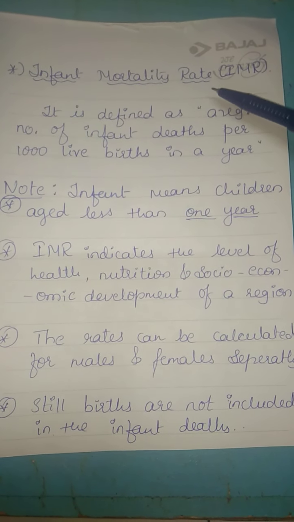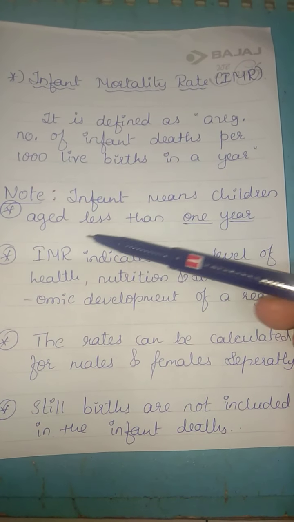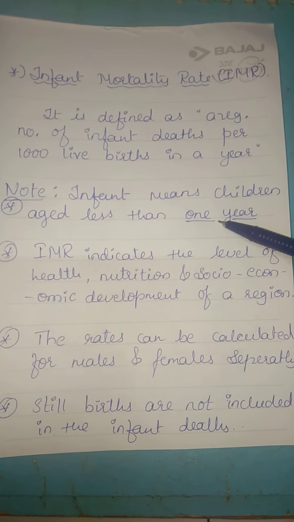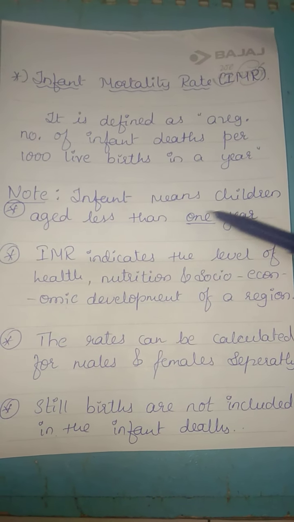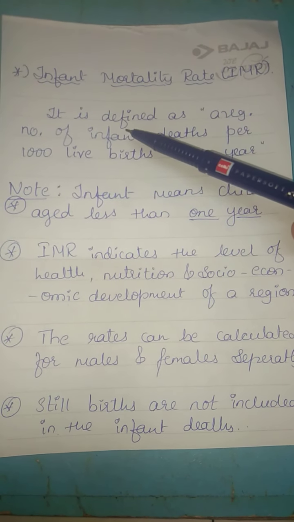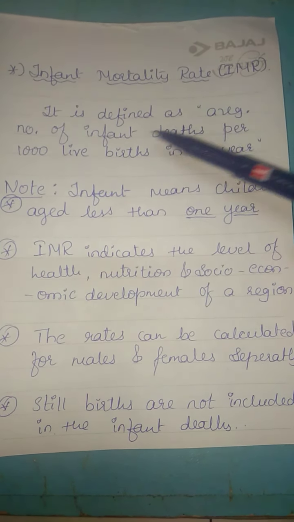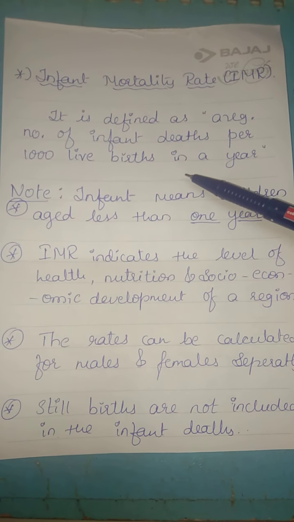Infant mortality rate, IMR. Infant means what? Children aged less than 1 year. So the death rate of children aged less than 1 year is the infant mortality rate. It is defined as the average number of infant deaths per 1000 live births in a year.